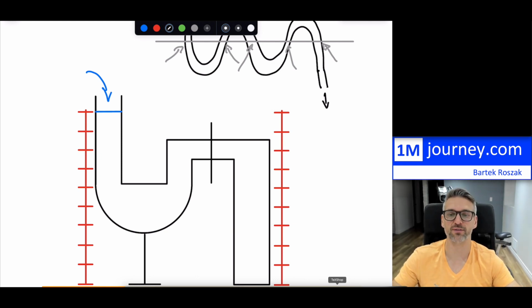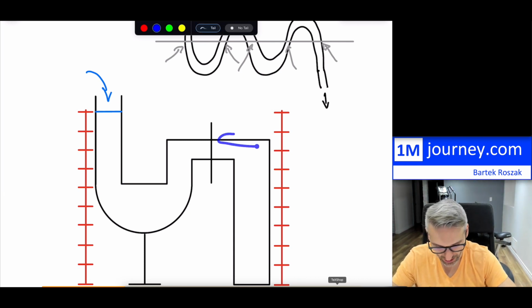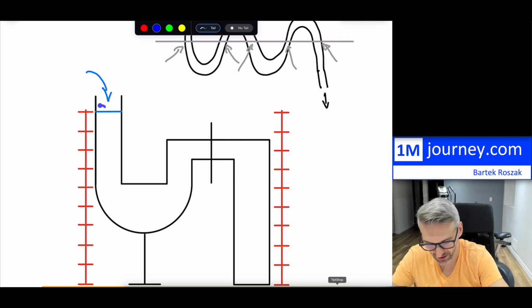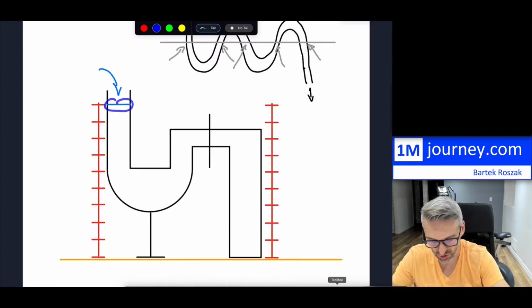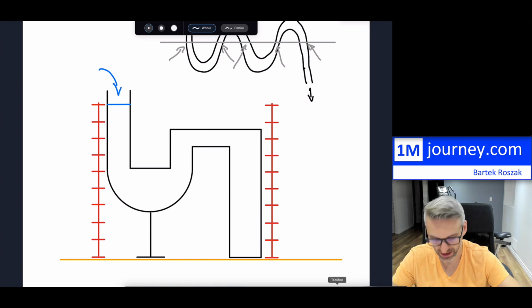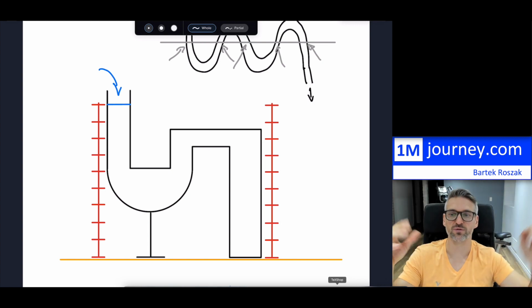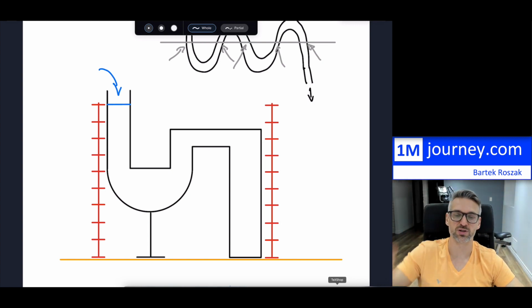If you block it off or remove it, it's a different story. Now the right-hand side would start from here. This is the top. The left-hand side, the top is over here. But as soon as you remove this lid, it's a continuous flow, and there's only one top, which is on the left-hand side.